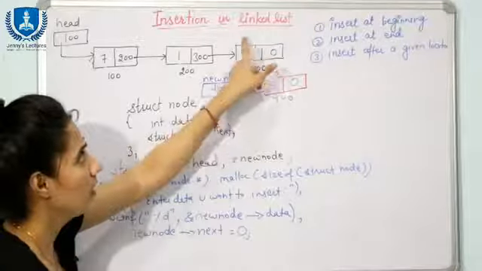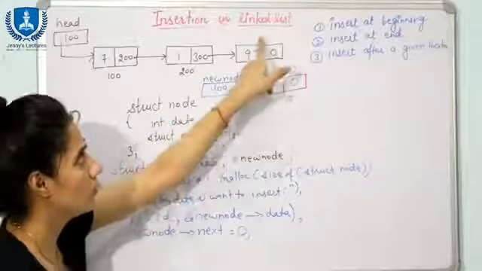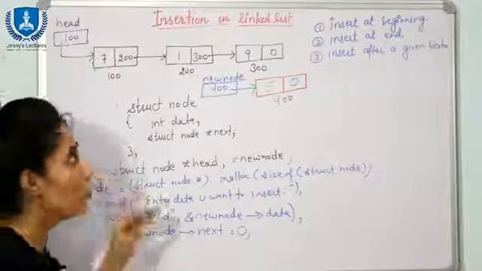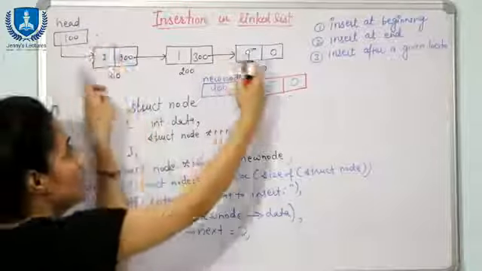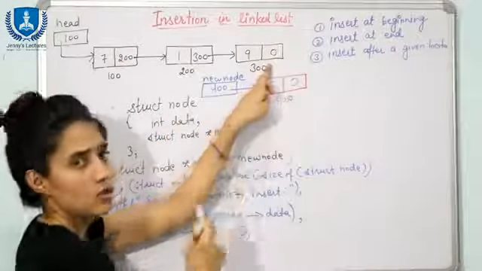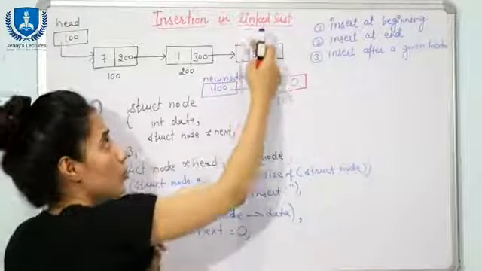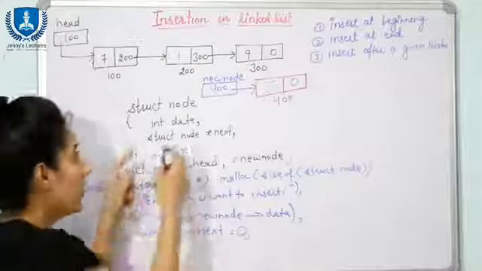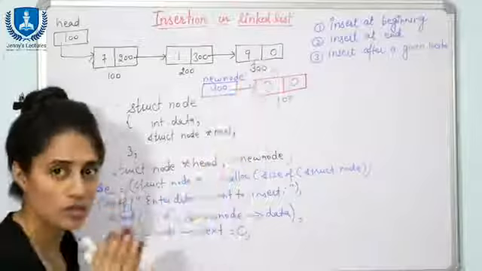Because we don't have any link to this node. We have link to the first node. Fine. So you have to traverse the list till here. After that you can insert here. Once a pointer is pointing to this node, using that pointer you can access the members of this structure.